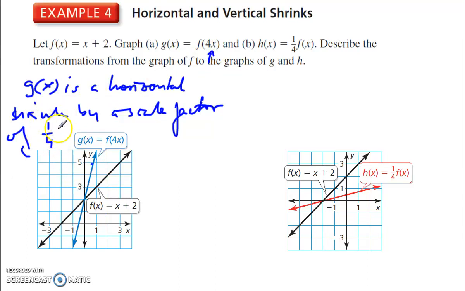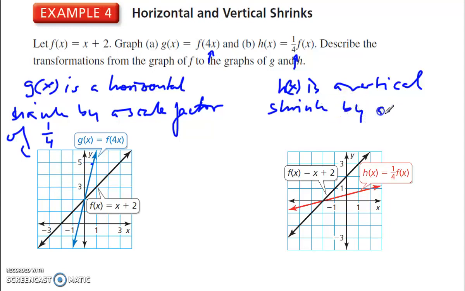It's a shrink if it's a fraction. Here, this is outside the parentheses, so we can already see 1/4, that's a shrink. h of x is a vertical shrink by a scale factor of 1/4. And that's what that looks like.